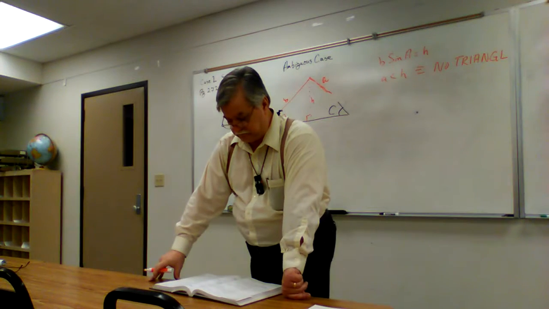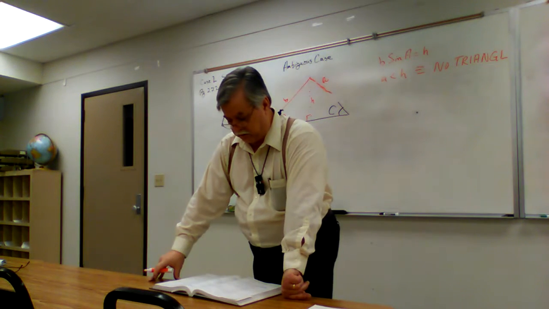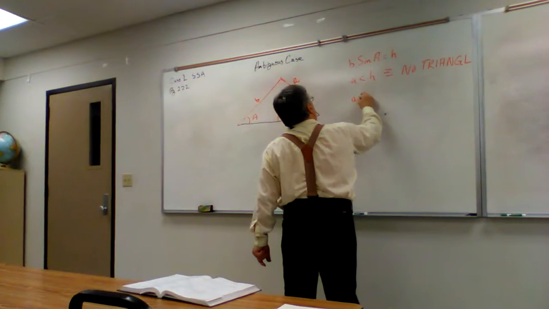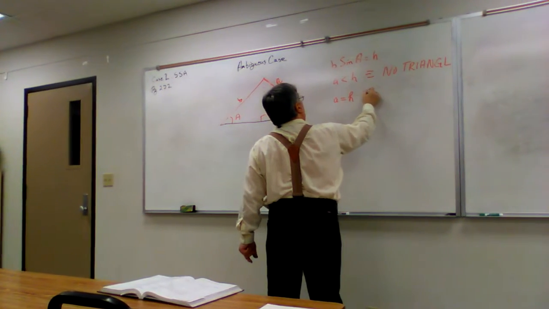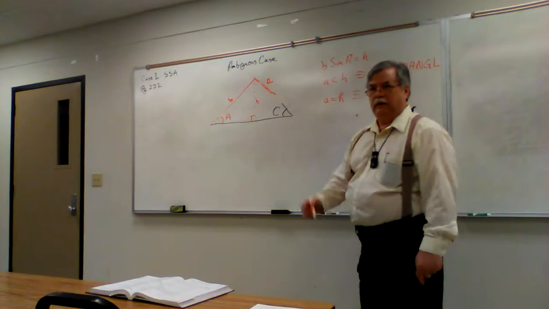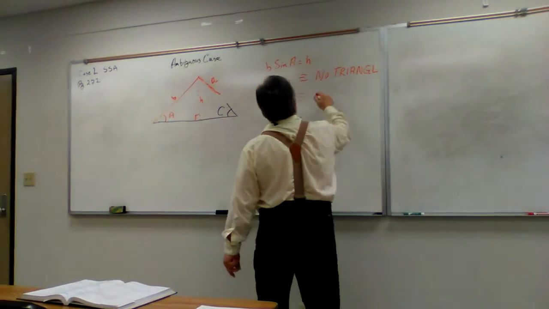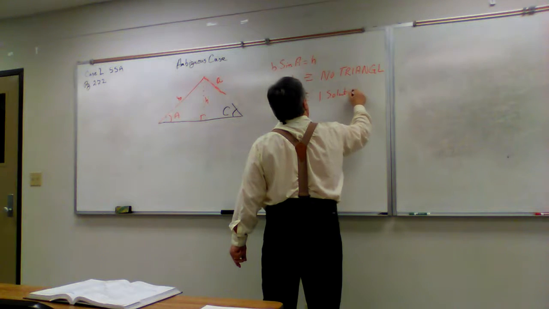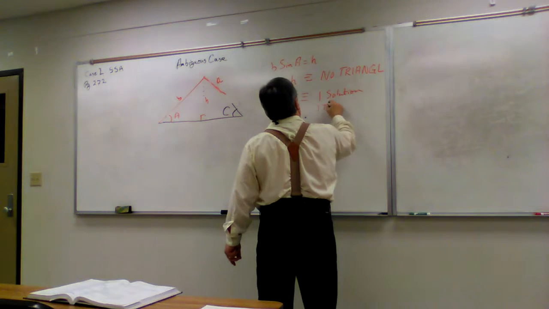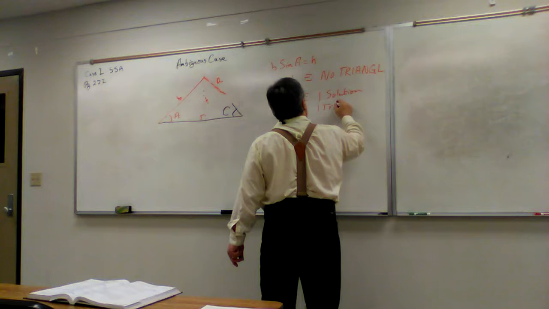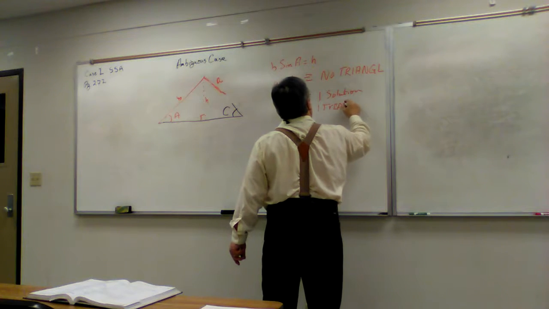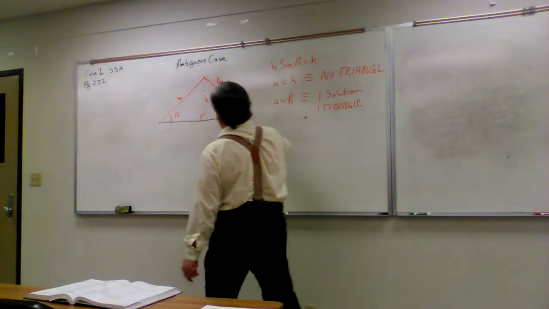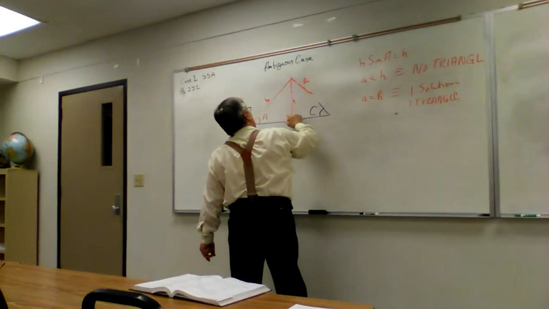Now, if A is exactly equal to H, then you get one and only one solution. One triangle. And that's a right triangle.